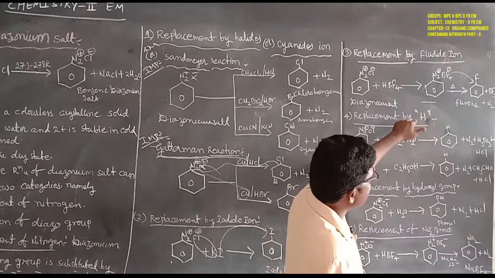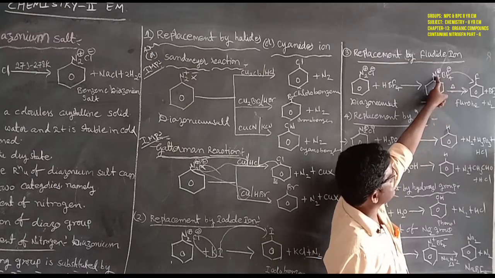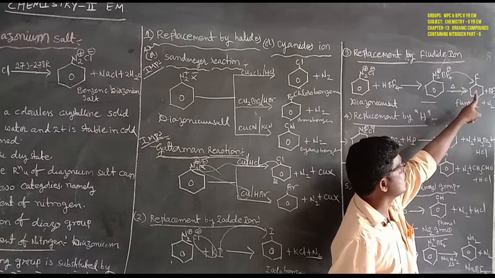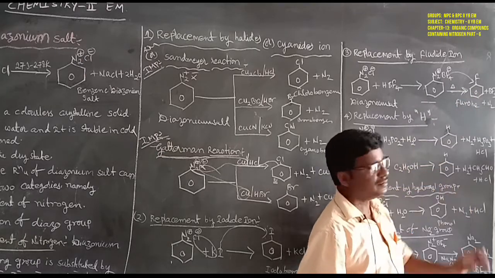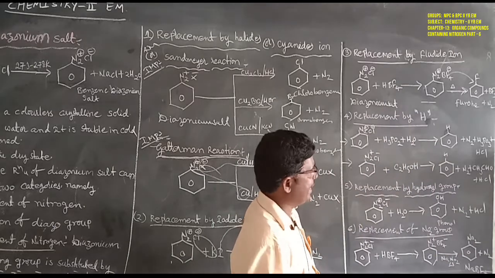And when it is heated with the high temperature, then displacement of nitrogen atom replaced by the fluorine atom, then also form of fluorobenzene. That is also called as a replacement by the fluoride ion.